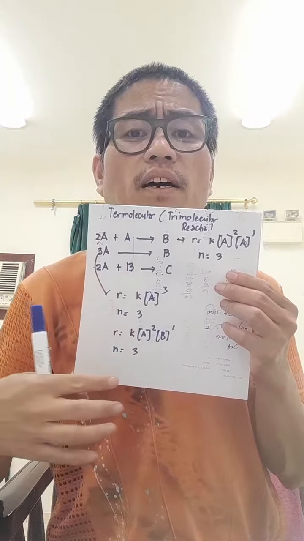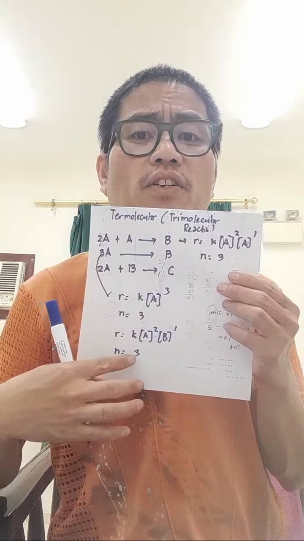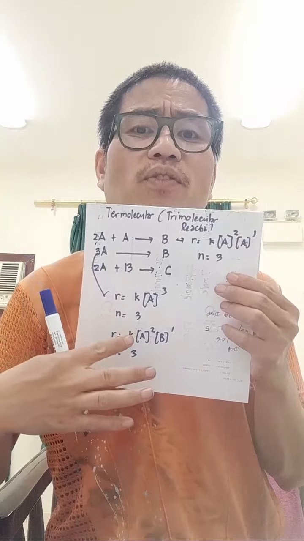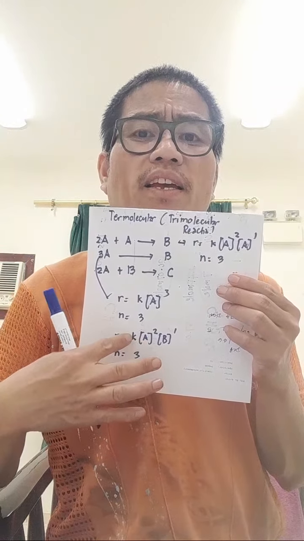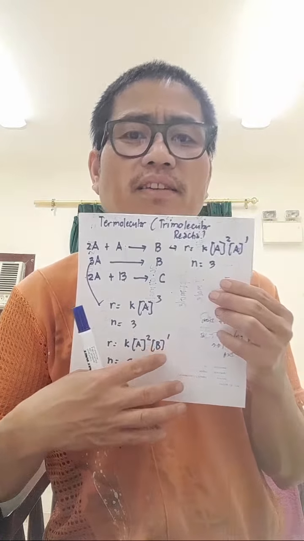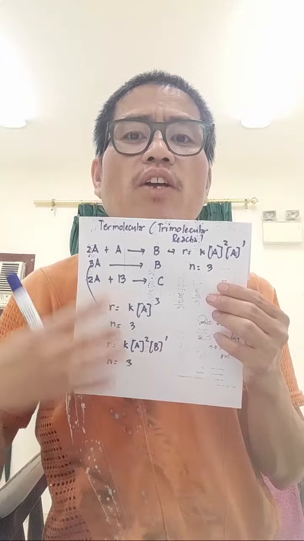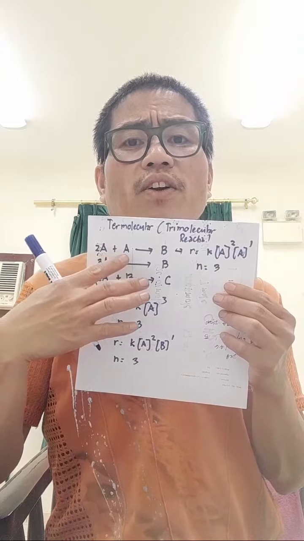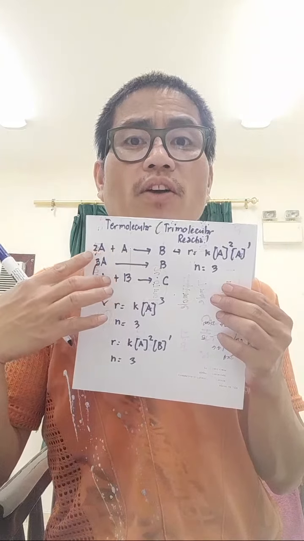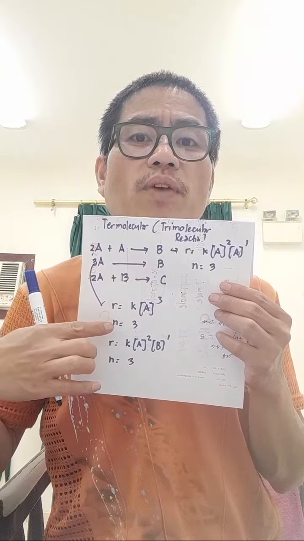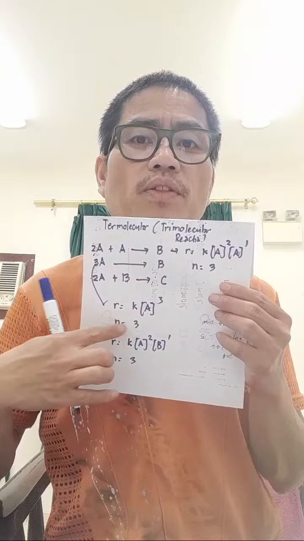So the overall order is 3, but the order of reaction with respect to A is 2, and the order of reaction with respect to B is equal to 1. The total overall order is equal to 3. Notice these 3 termolecular reactions: each termolecular reaction here, here, and here has a total overall reaction order equal to 3. So 3, 3, 3. Okay?